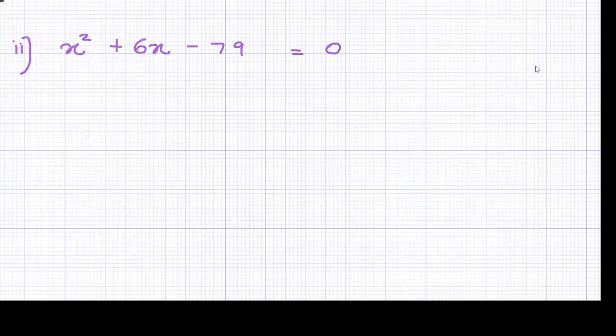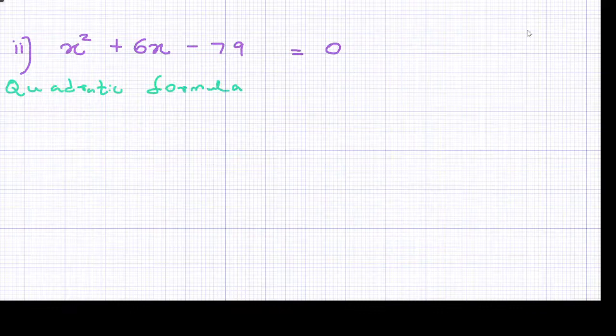We could check, but why waste time, when we know that the examiner always tries to test our knowledge of the quadratic formula or completing the square method in paper 2. So let's solve this equation using the quadratic formula. I'll do both methods. First I'll do the quadratic formula method, then I'll do the same equation using completing the square.